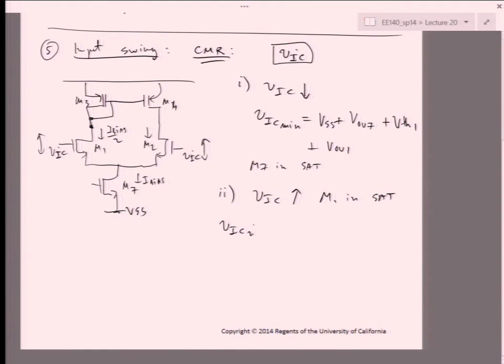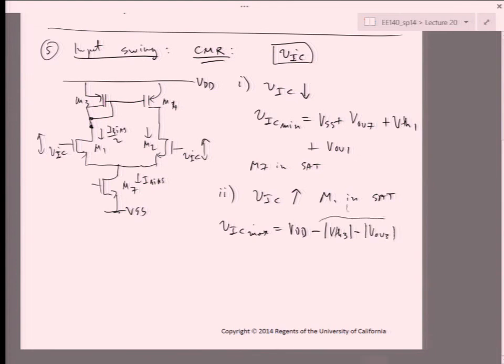So VIC max is how much? It starts from VDD, right? VDD minus this voltage is known, right? That's VTH3 minus V overdrive 3.